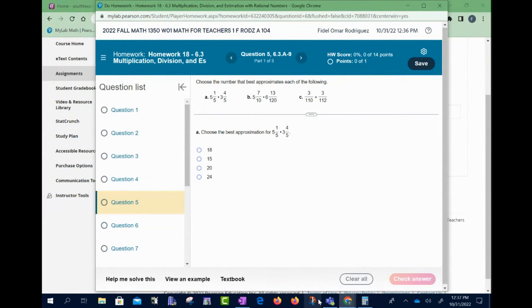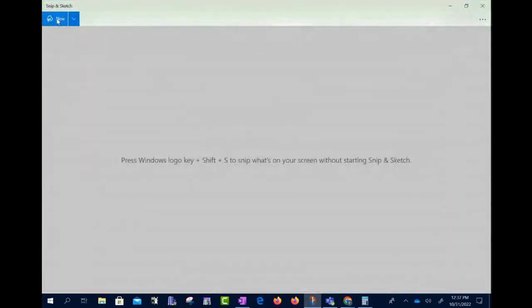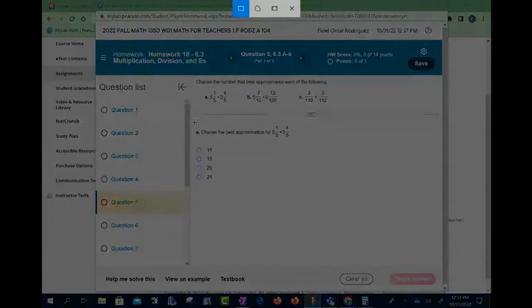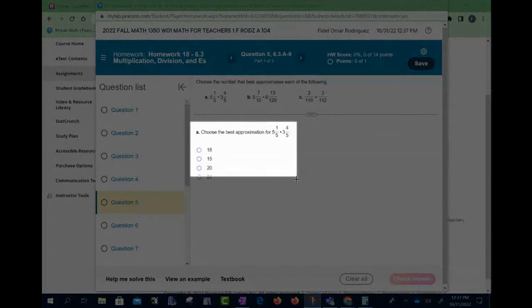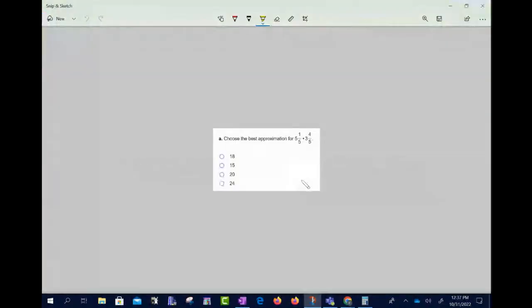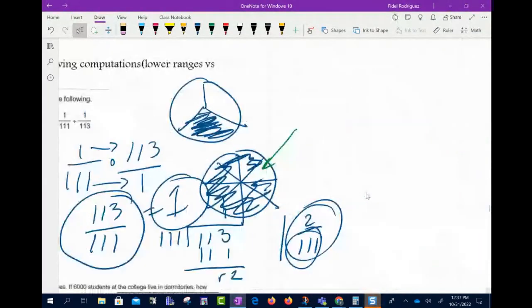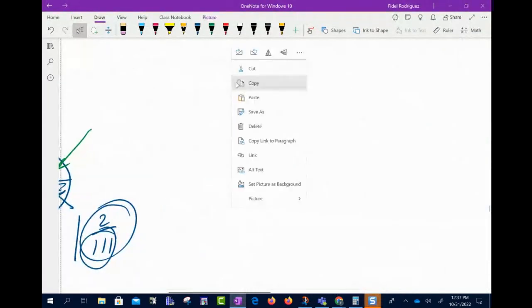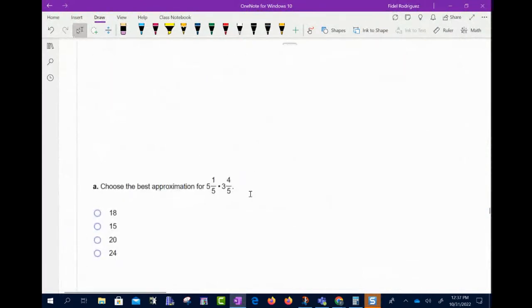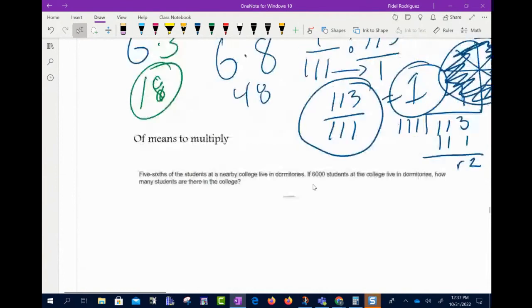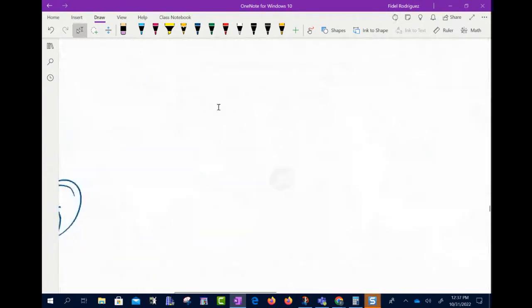Okay, so look, I'm just going to do part A. And I'm just going to do a little copy and paste here because I want to show you how it's giving me a multiple choice type idea here, okay? So let me just do part A, just to kind of show you. Oops, that's not what I wanted to do. Let's get rid of that. Let's do it over here.